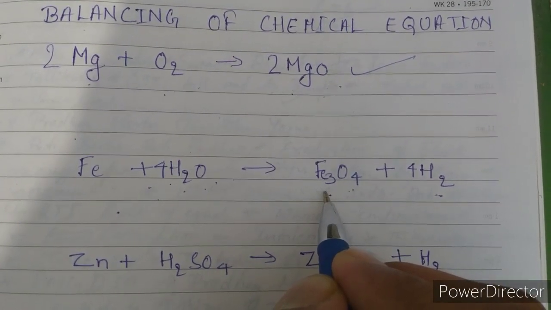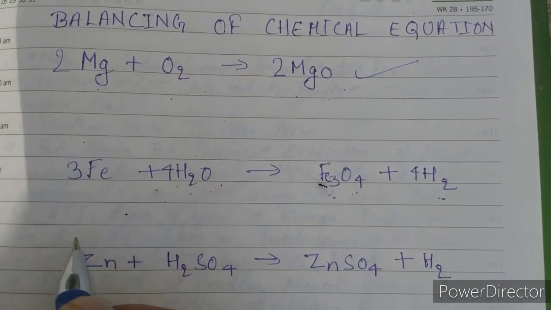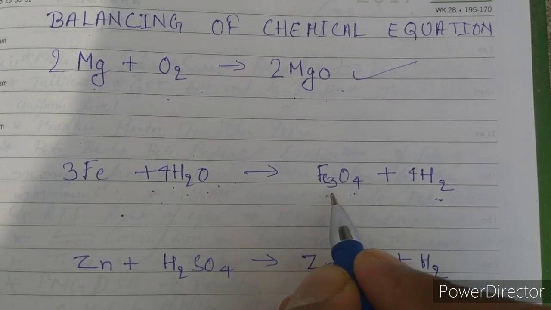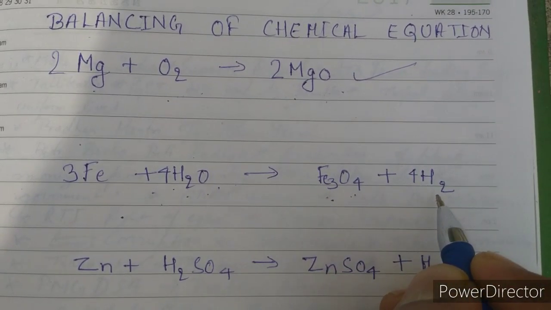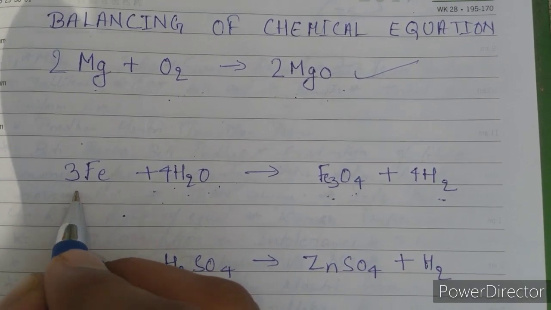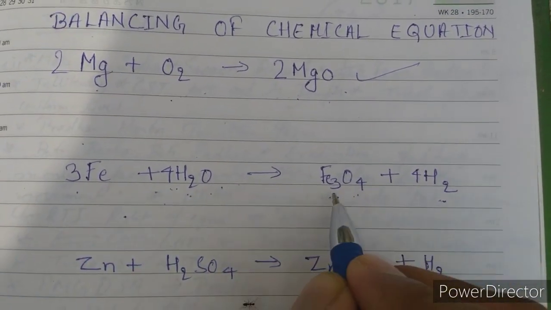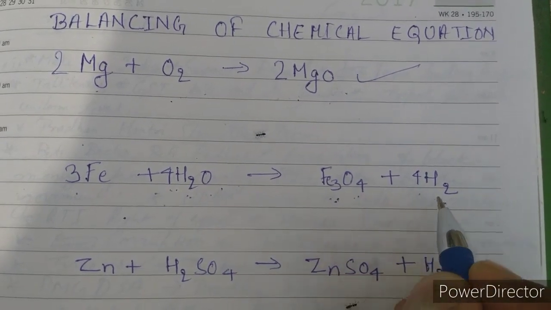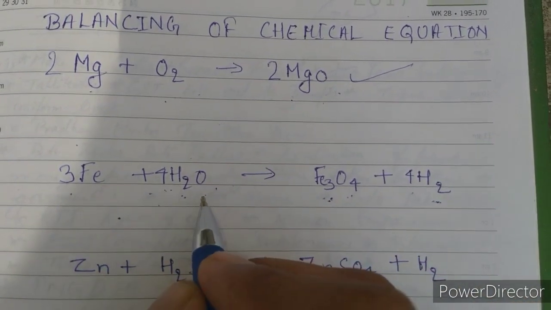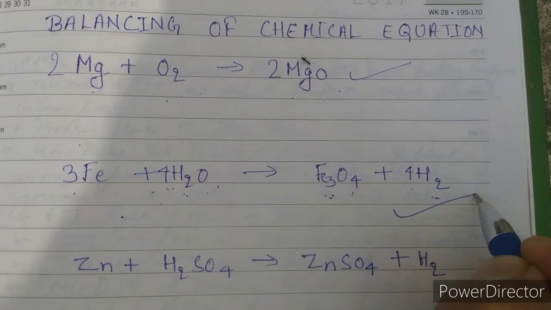So we put 3 Fe plus 4 H2O gives Fe3O4 plus 4 H2. Now recheck if everything is balanced. 3 Fe, 8 H2, 8 H2, there is no hydrogen in here, and oxygen is 4, so this equation is balanced.